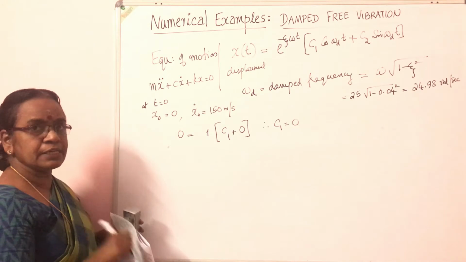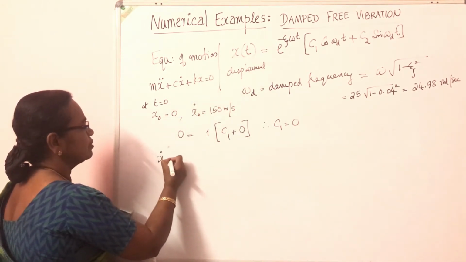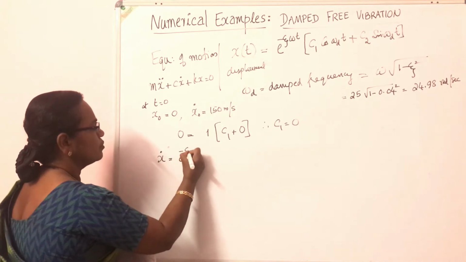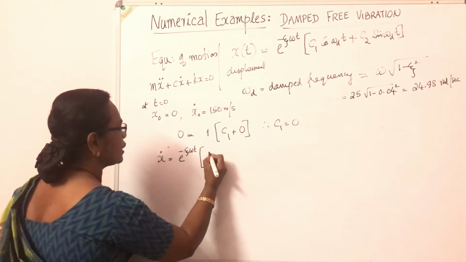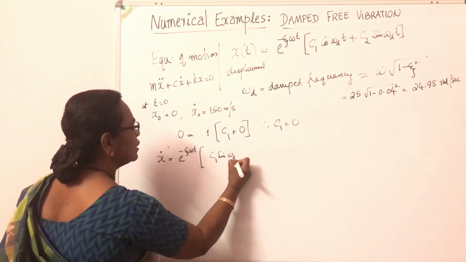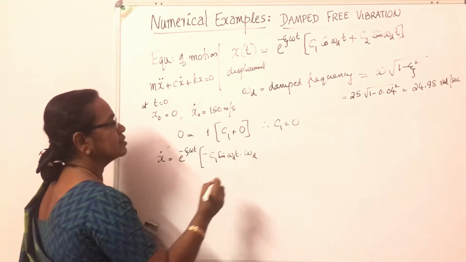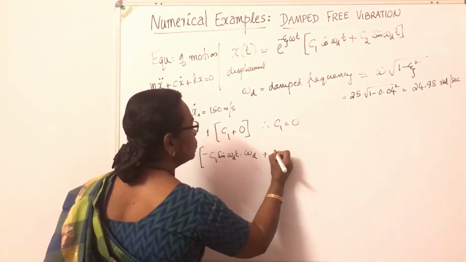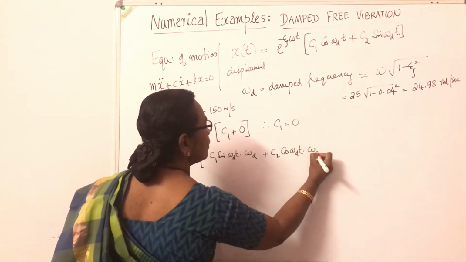Next we have to get C2. For that we differentiate this equation. Differentiating, x dash is equal to e raised to minus psi omega t, first into differential of second. Differential of second is minus C1 sin omega dt into omega d plus C2 cos omega dt into omega d.